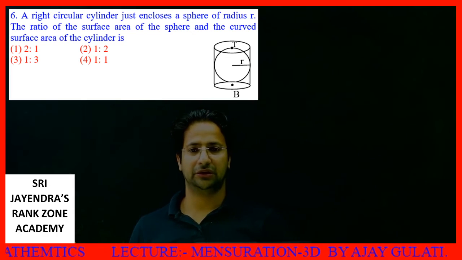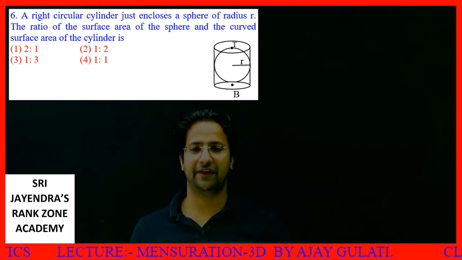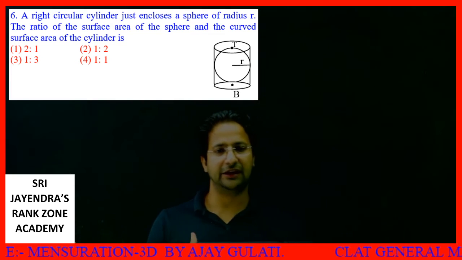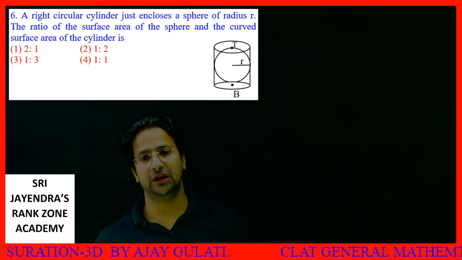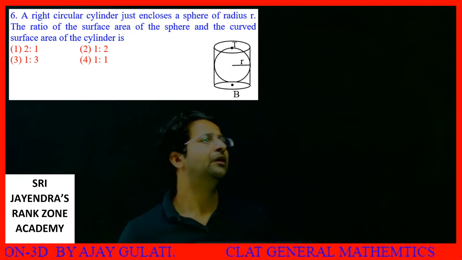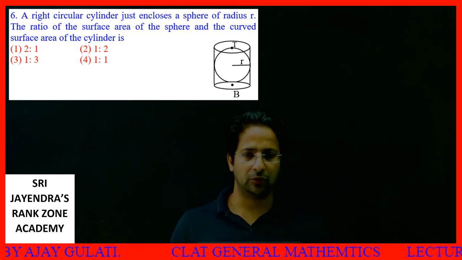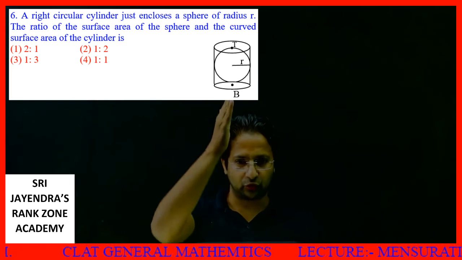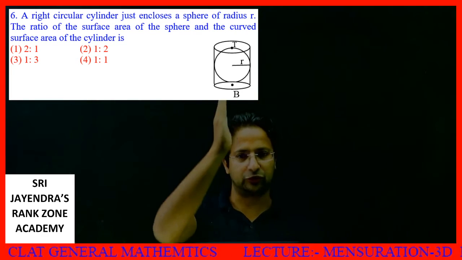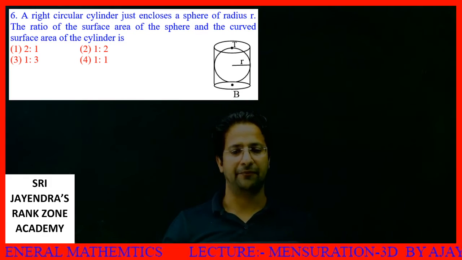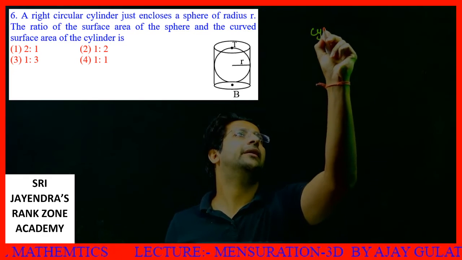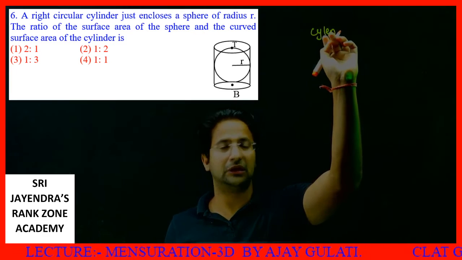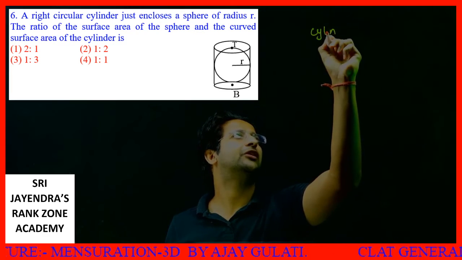The ratio of the surface area of the sphere and the curved surface area of the cylinder is? See students, when the right circular cylinder is enclosing the sphere, the height of the sphere will be the diameter of the sphere, that is 2r. So that will be the height of the cylinder also, that is again 2r. Let's talk about cylinder.